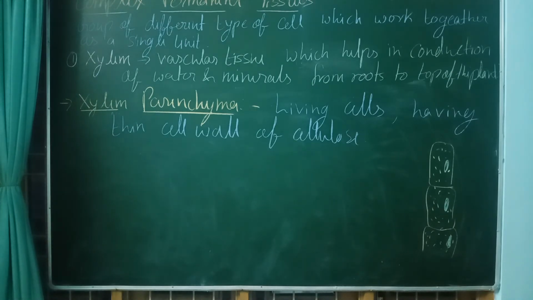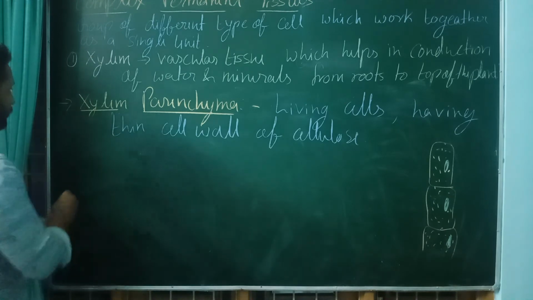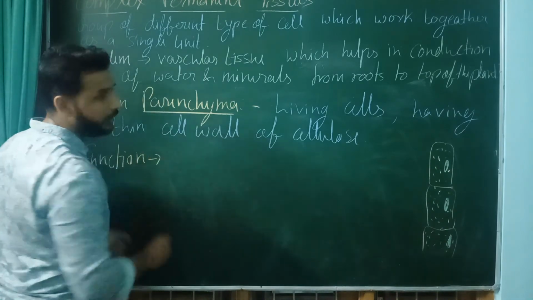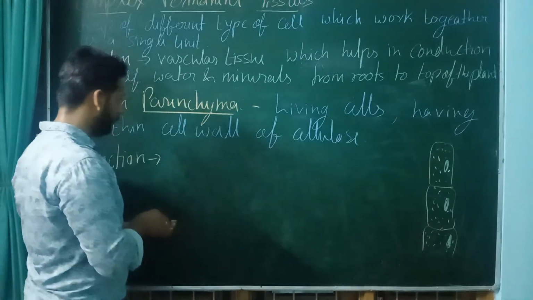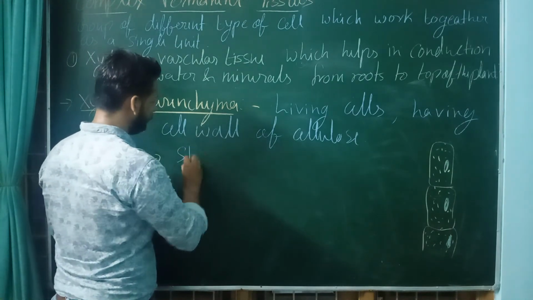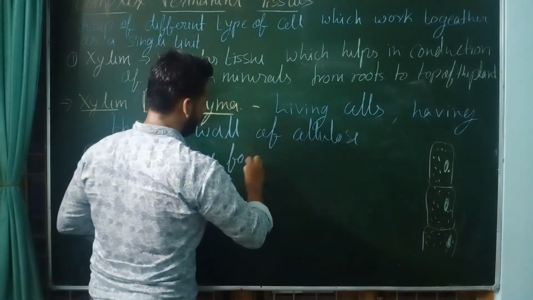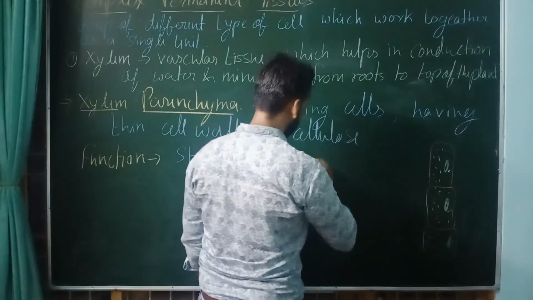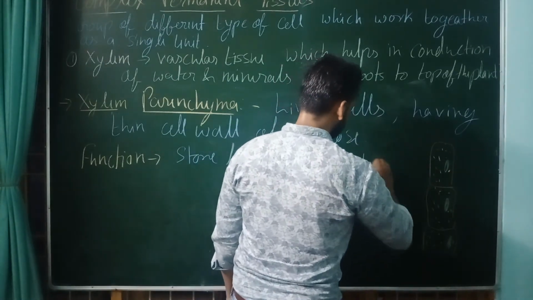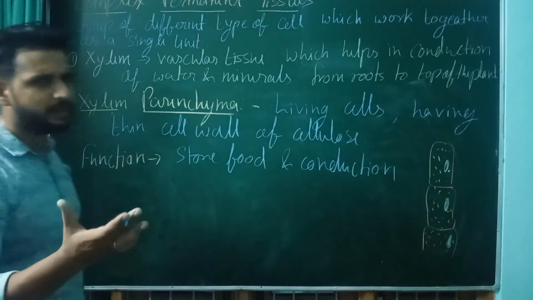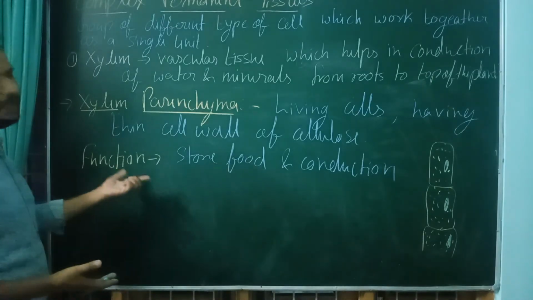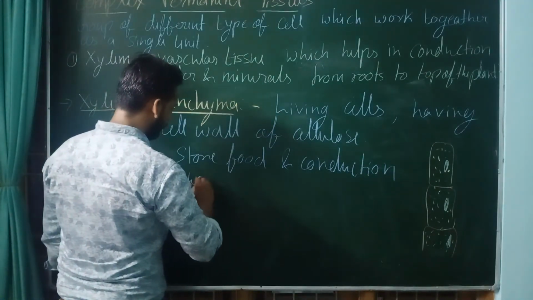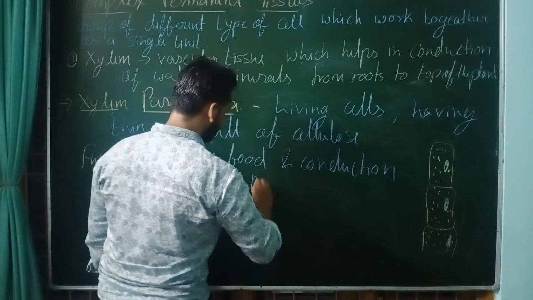Now here the function, I told you earlier only. Function is to store food and conduction of water and minerals, you can see. Conduction of water and minerals is the main function of xylem tracheids and vessels, but it also supports. So that's why we can write conduction of water and minerals.